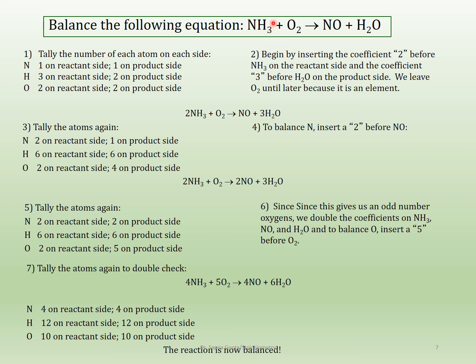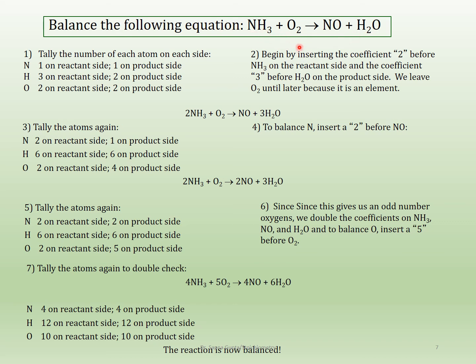Okay, so again, if you have 3 hydrogens here, remember these are not equal multiplicants, which means that they're odd numbers, so they're not multiples of each other. It's not like you can just multiply it by 2 or double or triple anything, so multiply them by each other: multiply the 2 hydrogen by 3 and multiply the 3 by 2, to give you the 6 hydrogen atoms that you need.